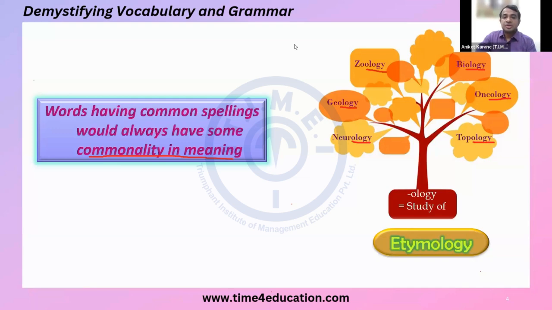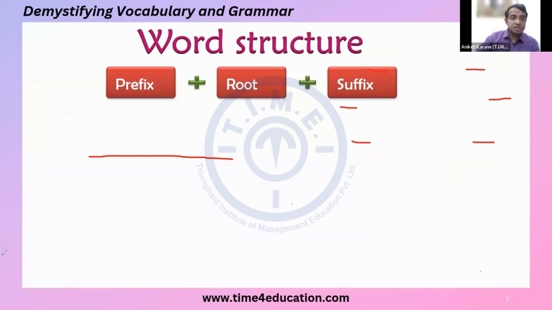Okay. So let's look at other examples with respect to your words. Sorry about that. Erase this stuff. So what is a word structure? So word structure basically points to a prefix, a root, and a suffix, okay?